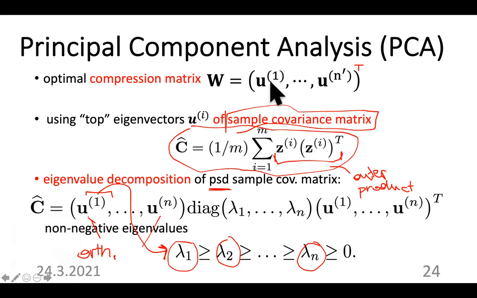Let's say we want n prime equal 2 features, because having 2 features is good to represent data points in a scatter plot. If we want to find the best compression matrix for n prime equal 2, we just compute the eigenvalue decomposition of the sample covariance matrix, then pick the first 2 eigenvectors, stack them in the matrix, transpose it, and apply it to the raw feature vector.